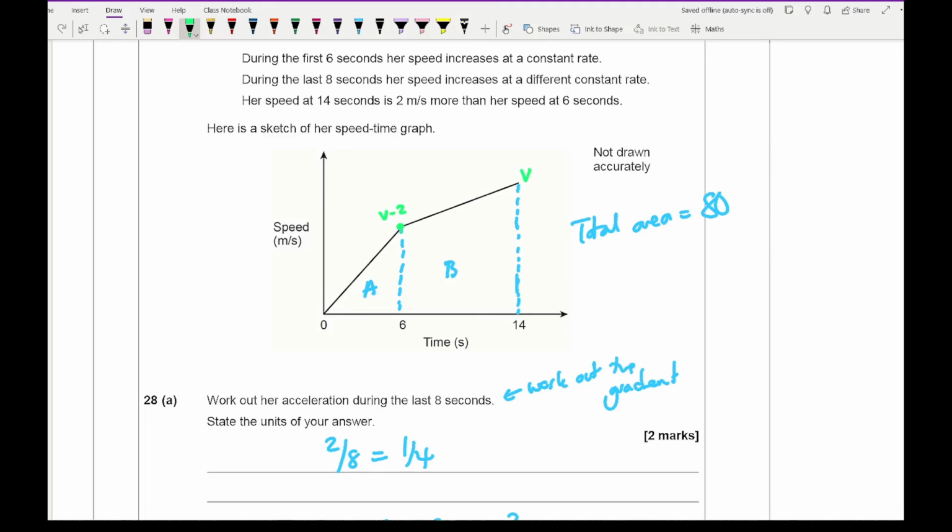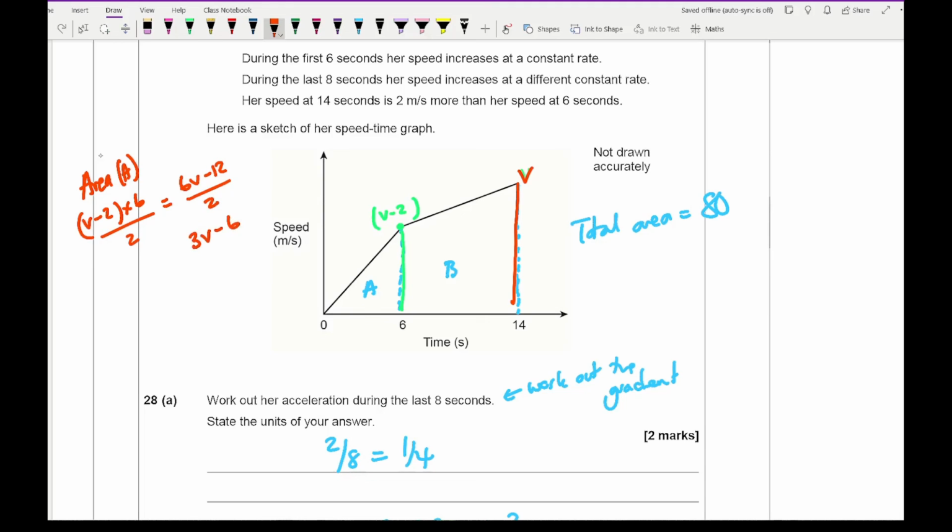So then I know that this distance here is v minus 2 and this height here is v. So working out the area of A is going to be base times height divided by 2. So that's v minus 2, times 6 divided by 2, which is 6v minus 12 divided by 2, which gives me 3v minus 6.